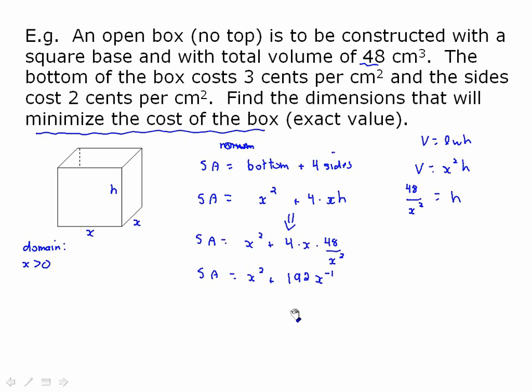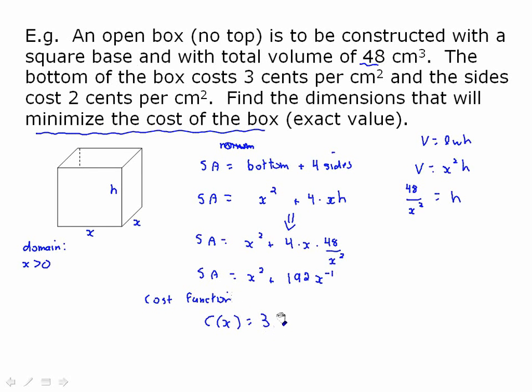And we have to do one other thing. What I've got so far is the surface area, and like that question we did in the previous lesson where we had different price values, here we note that the bottom is 3 cents. So really a cost function based on all this would be C as a function of x is equal to the x squared. Well, all we do is we multiply this by 3 for the cents.